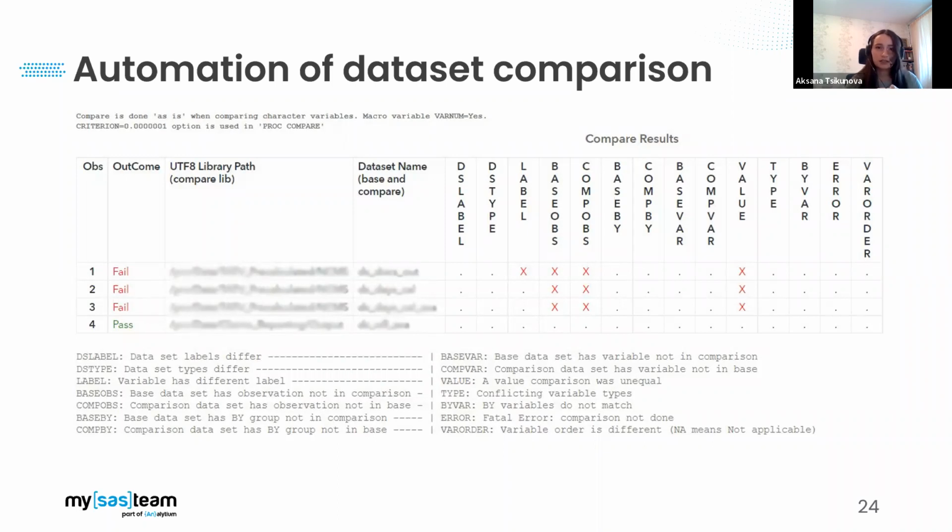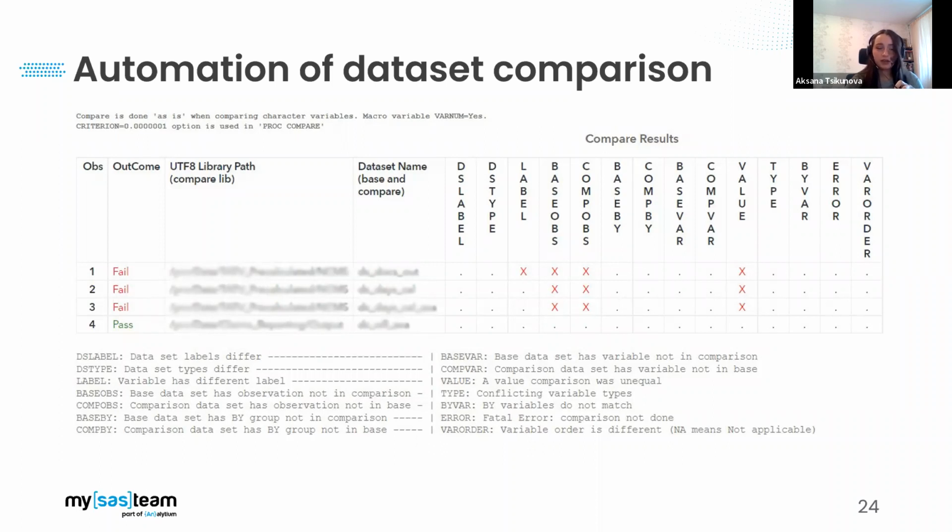It may be done in various ways. However, for our test case, it was important to automate SAS datasets comparison, because they made up about 90% of all output data overall. And in order to do such comparison, we decided to do a bit more advanced version of PROC COMPARE, to write our own customized program, which returns the report of the form which you can see on the slide.